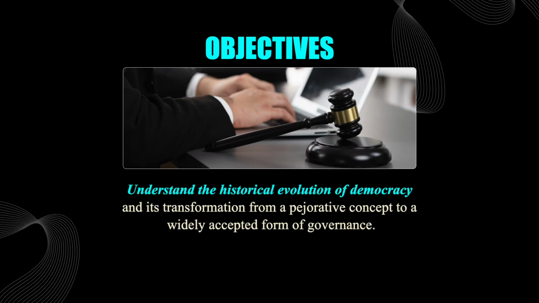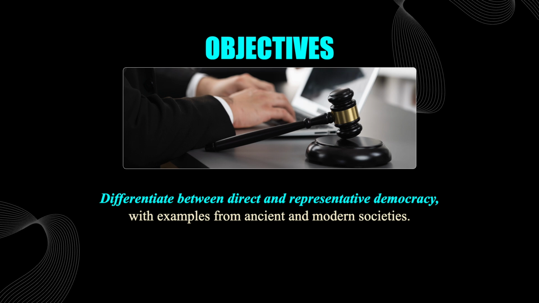By the end of this session, you will be able to understand the historical evolution of democracy and its transformation from a pejorative concept to a widely accepted form of governance. Differentiate between direct and representative democracy with examples from ancient and modern societies.